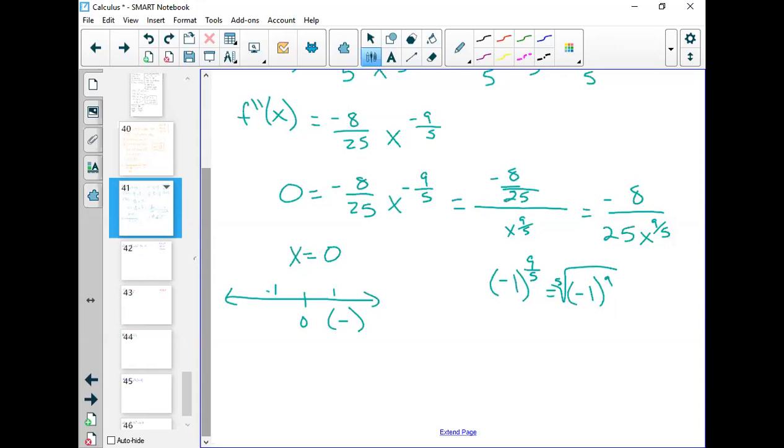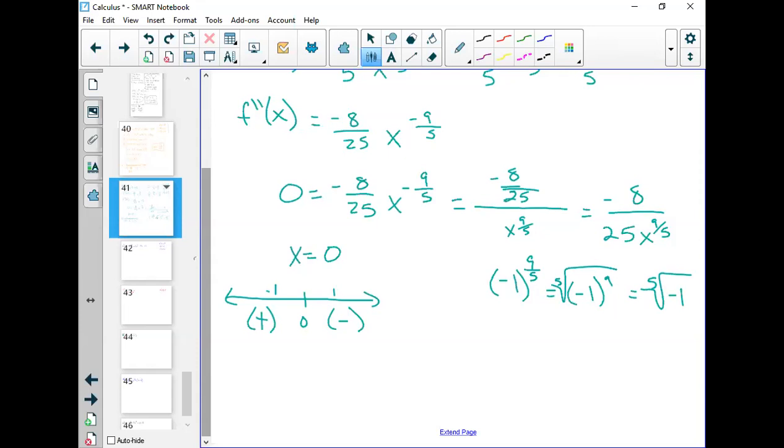If we just did it in steps, negative 1 to the power of 9 is still negative 1. And the 5th root of negative 1 is still negative 1. Okay? So negative 8 divided by negative 1 is just positive 8.